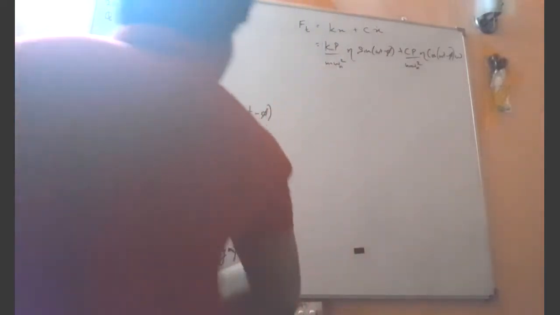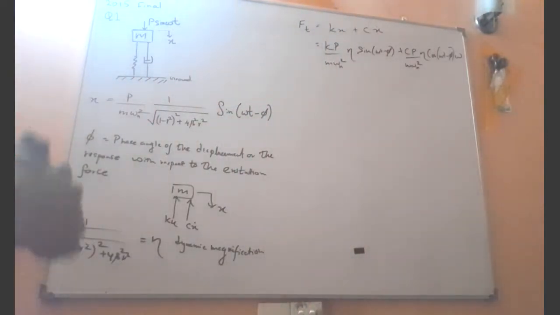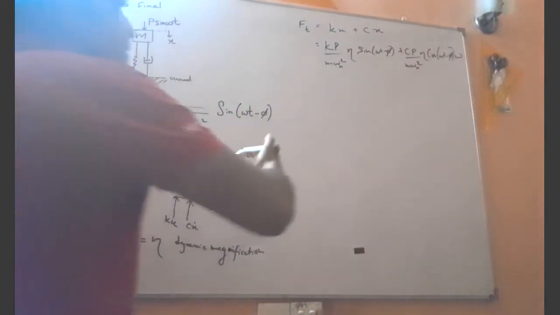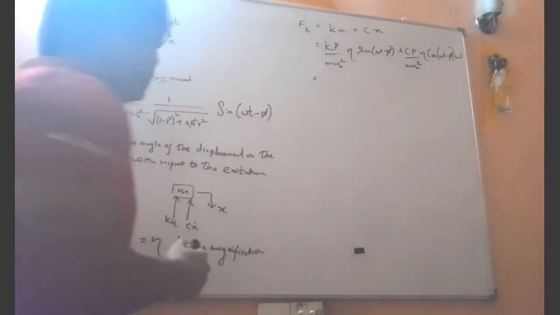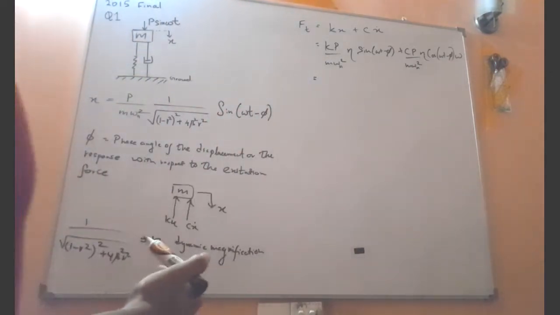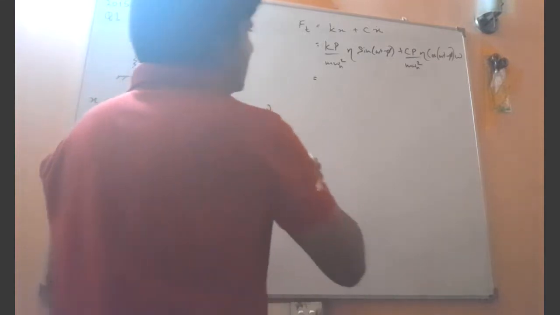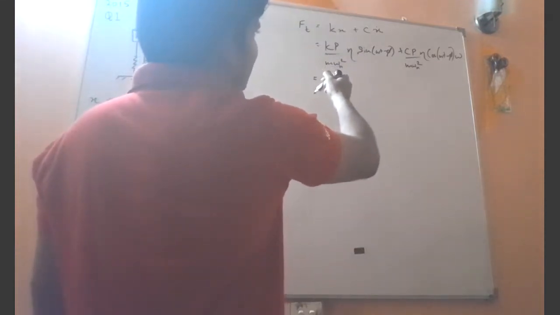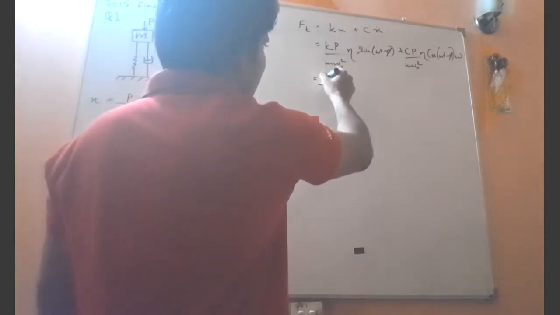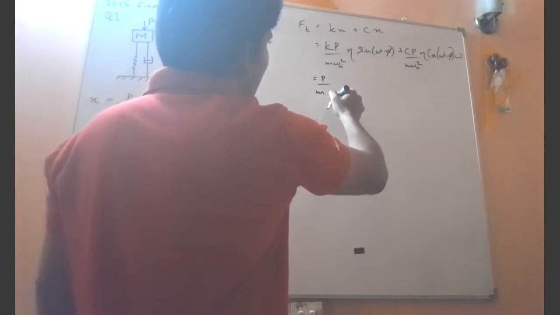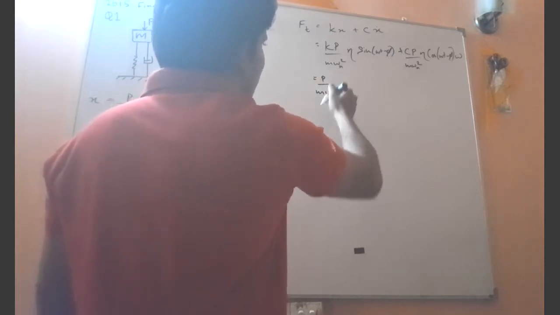Now you can very clearly see that there are certain things that you can take out. You can take out P divided by m omega n squared because it is common, and even this eta you can take out.